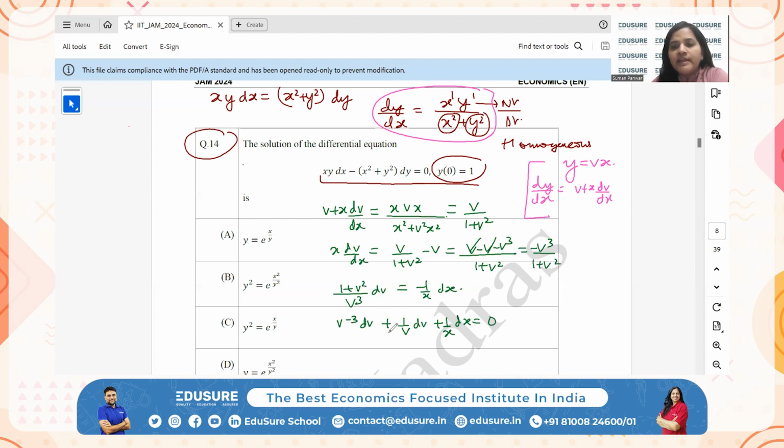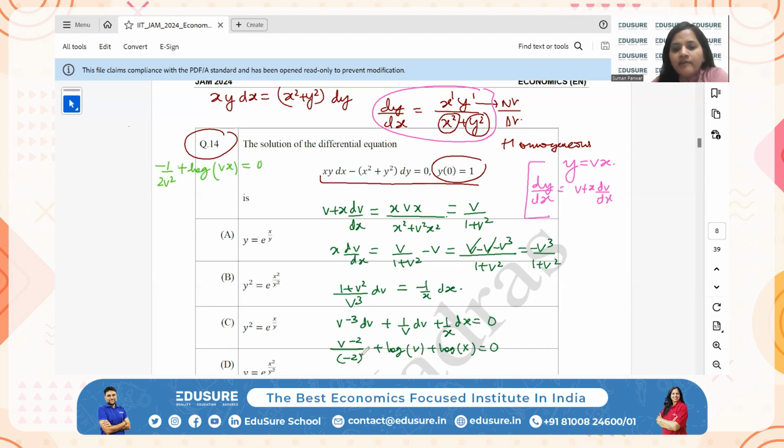And now if we integrate both the sides, we are going to get v power minus 2 divided by minus 2 plus log v plus log x equals 0. So finally, we use the rule log a plus log b equals log a into b. So we are going to get minus 1 upon 2 v square plus log vx equals 0.